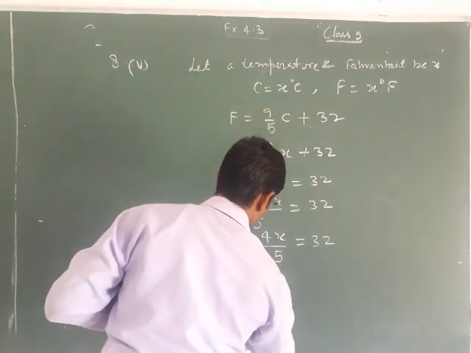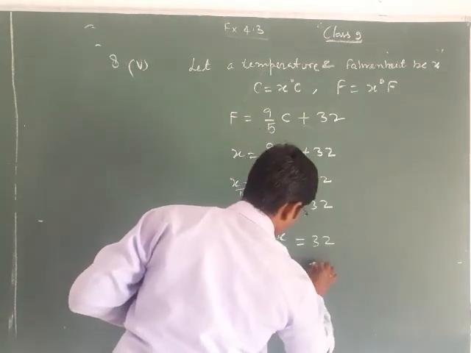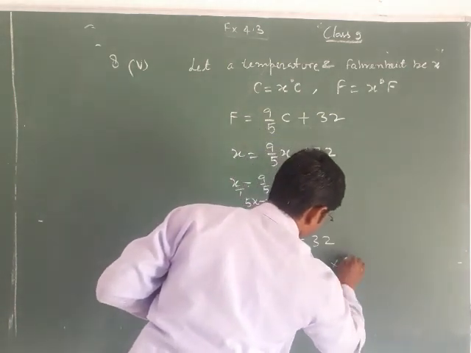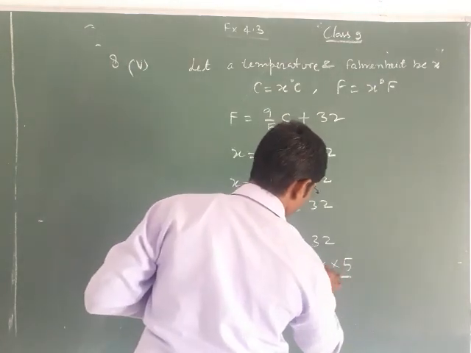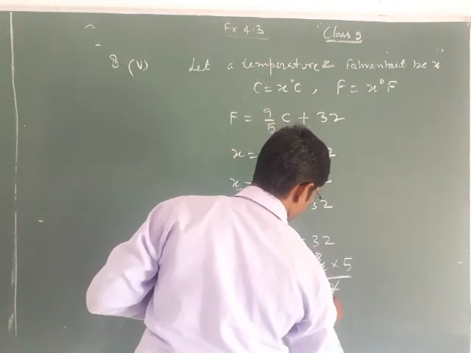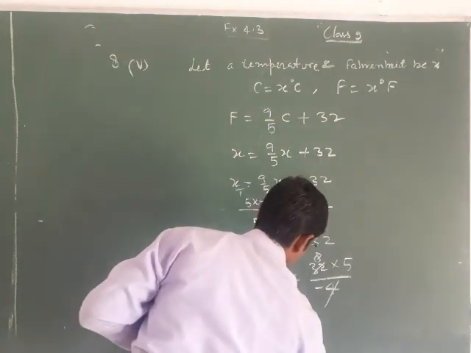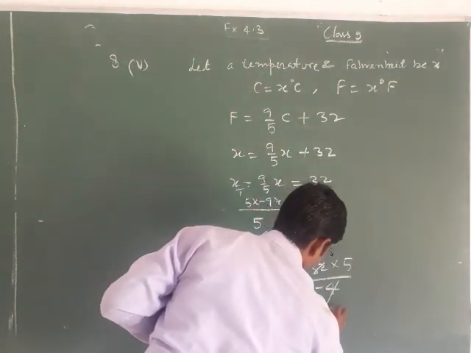Therefore x is equal to 32 into 5 divided by minus 4. So 4 8 the 32. So x is equal to minus 40 degrees.